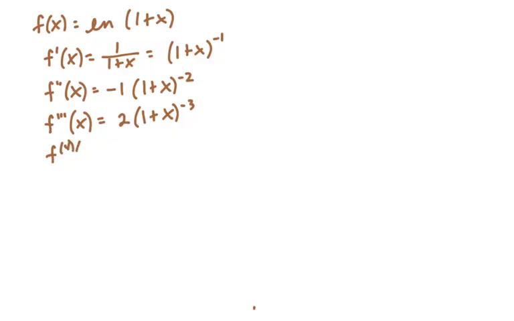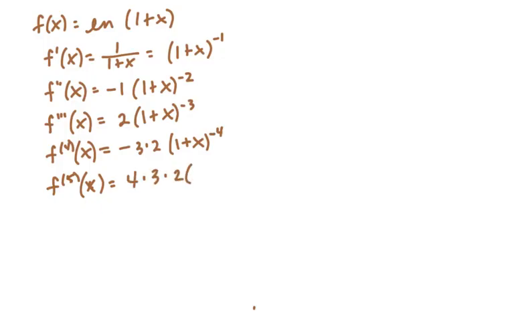And the fourth derivative would be negative 3 times 2, 1 plus x to the minus 4. Remember, you're looking for patterns. And the fifth derivative would be positive 4 times 3 times 2 times 1 plus x to the minus 5th. Let's do one more. The sixth derivative would be negative 5 times 4 times 3 times 2 times 1 plus x to the minus 6th.